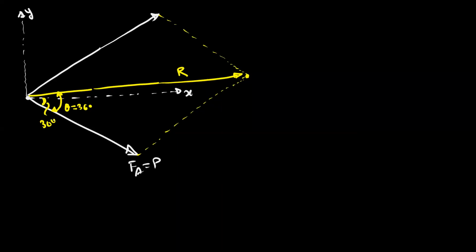This angle is given as 45 degree. The angle between these two forces we use as alpha, so this is 30 plus 45, which is a 75 degree angle. This is your force Q and this is R. So you can draw this diagram.